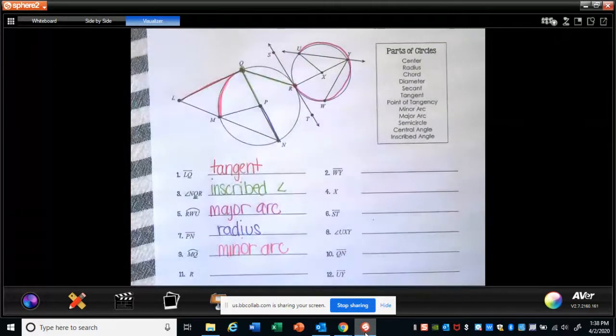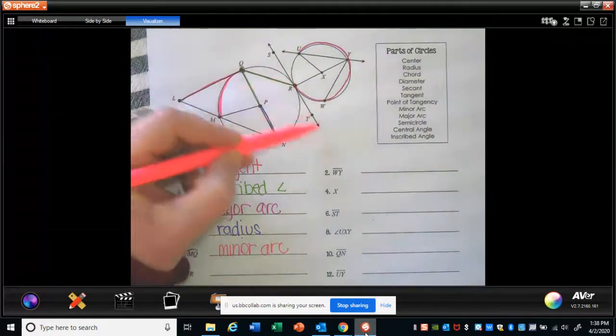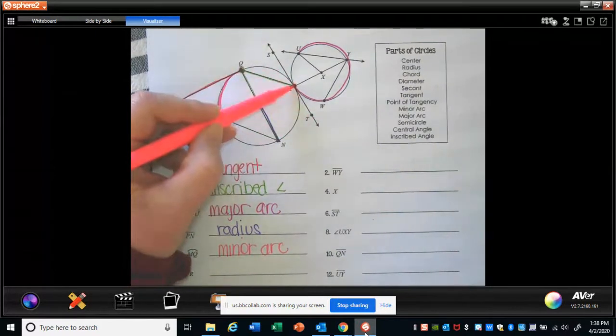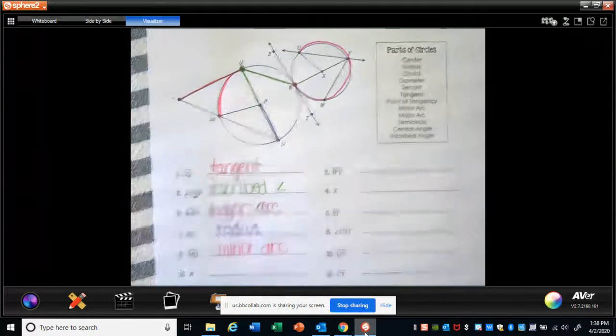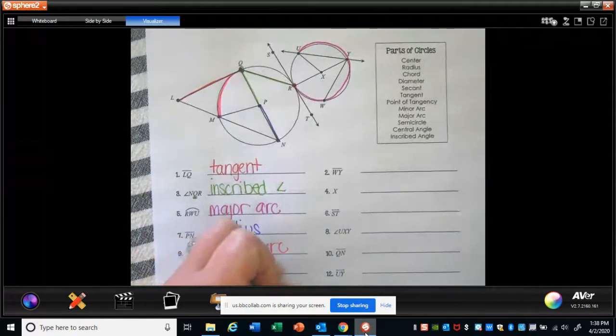It's on the circle. It's not the center. Notice that this line right here, ST, is a tangent line. Point R is the point where line ST touches the circle one time. So this is called our point of tangency.